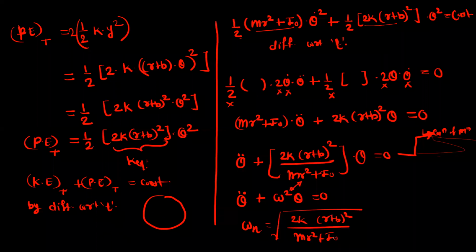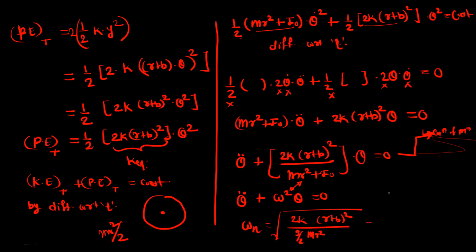If you put mr square by 2 here, the total denominator will be 3 by 2 mr square. So you can just replace this value.